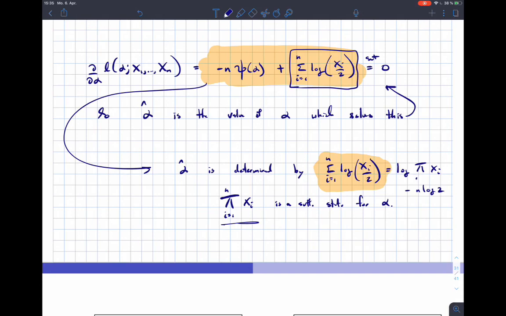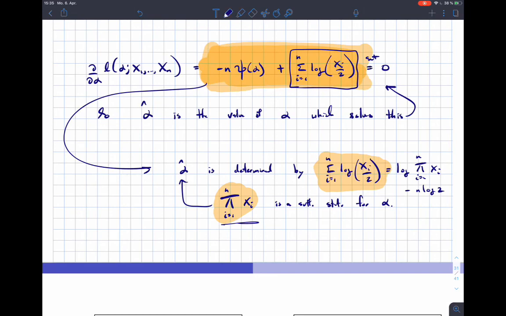And so whatever value this takes, it's going to determine the value of my alpha hat, because it determines which value of alpha sets this equation equal to 0. So we cannot write down what that function is.